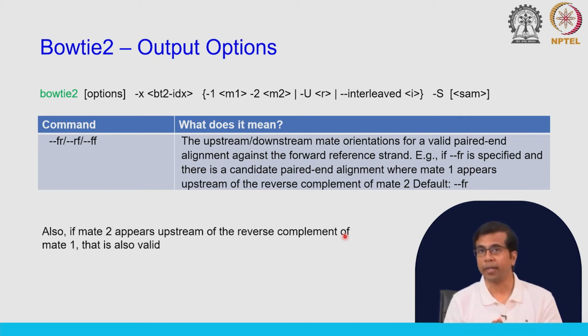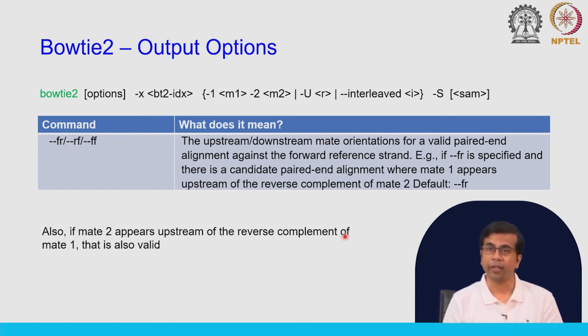The default is minus FR. We expect mate 1 to align in the forward direction, and you see the reverse complement of mate 2. The other can happen as well: mate 2 can appear upstream in the forward direction, and we see the reverse complement of mate 1 downstream. That is also a valid paired end alignment when you have the minus FR option specified.